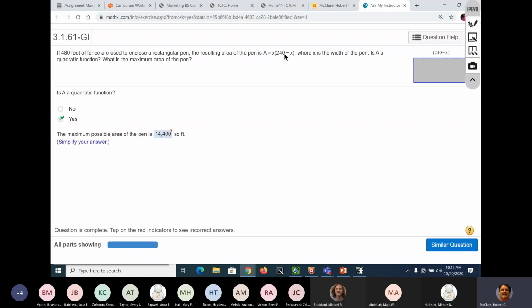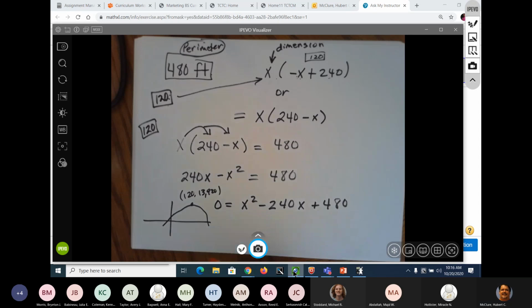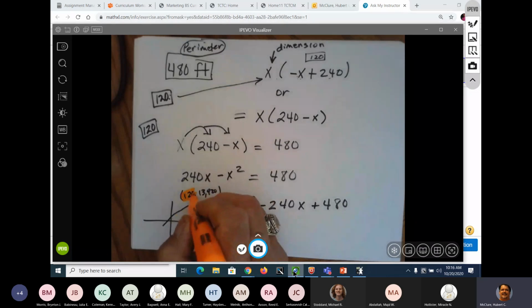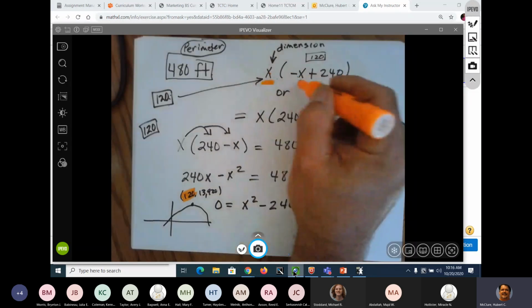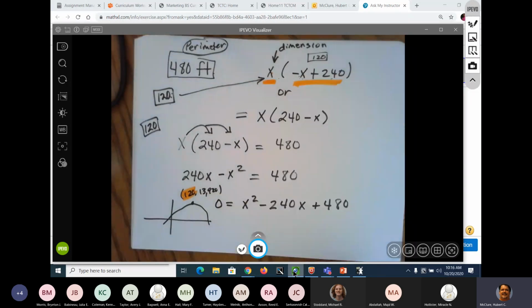So after you do the quadratic and you find your vertex, we got X is equal to 120. You've got to plug that X back into here and into here, and then multiply the two.